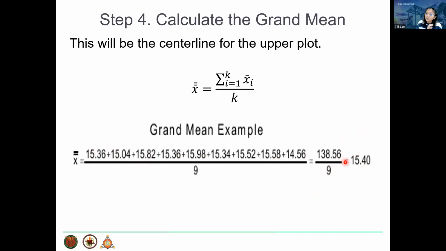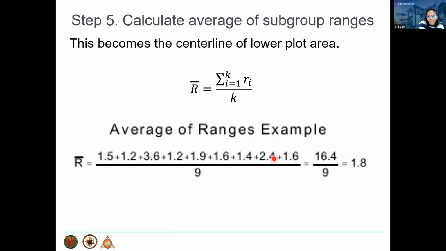Ayun. And then, anong next na sinabi? After getting the grand mean, ano yung kukunin natin next? Correct. Mean average. Or I call it grand average. Mean average, mean range. Right? Ayan.